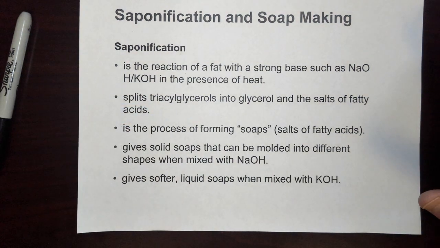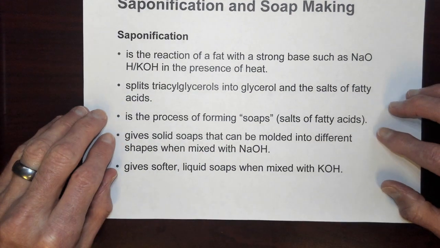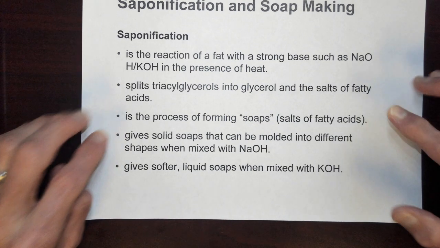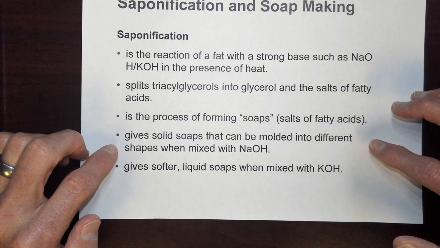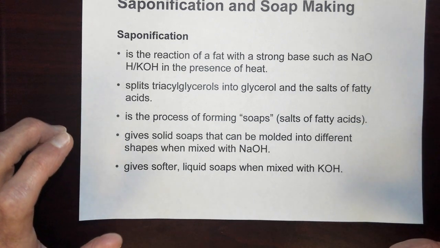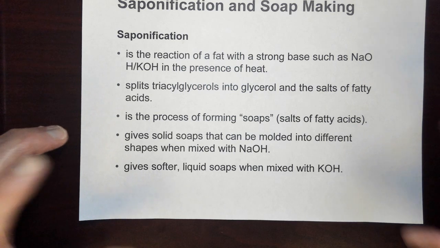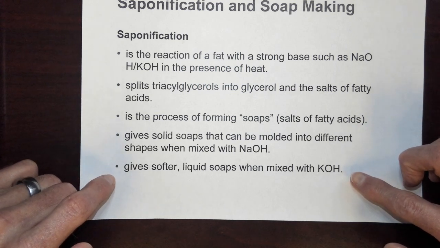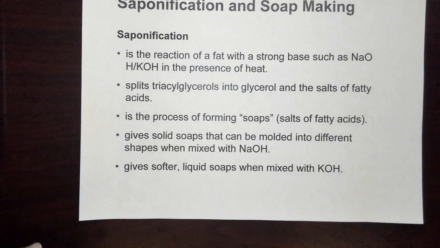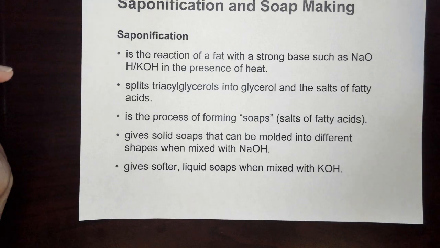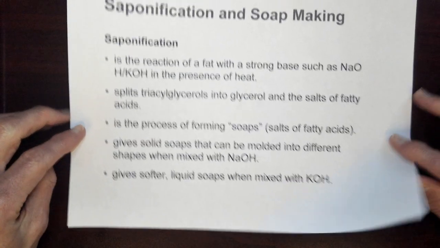Okay, in that process of getting that salt of the fatty acid, we typically get either a sodium salt, which often is solid, more what you would call a bar soap, and the salts of potassium are softer, more liquid hand soaps, I guess you could say, is what we would see.